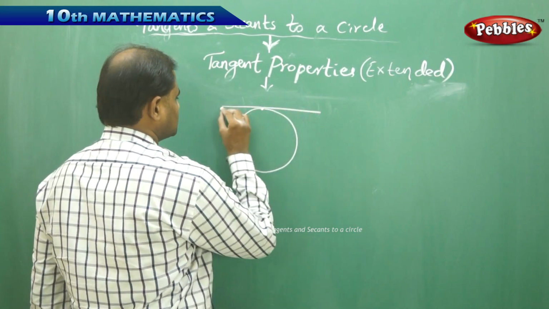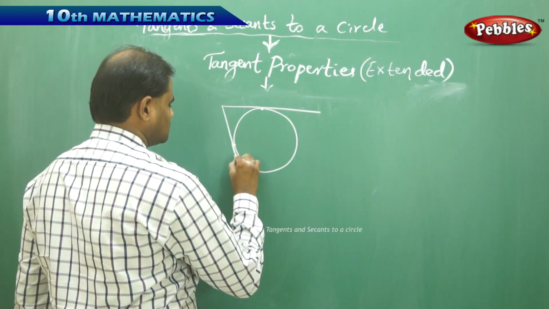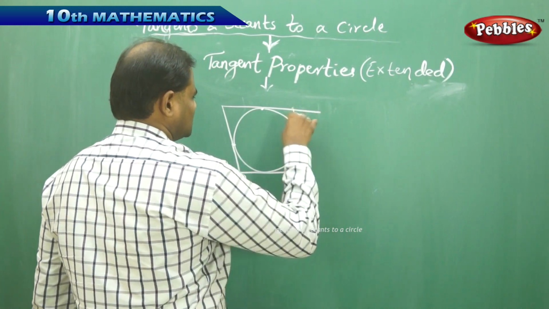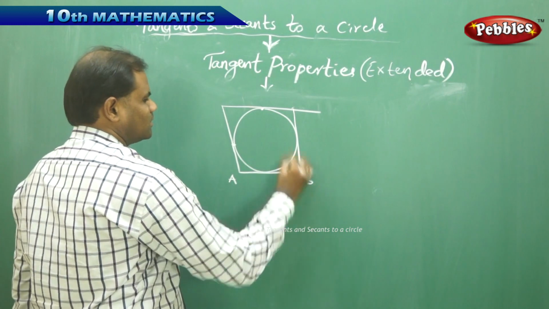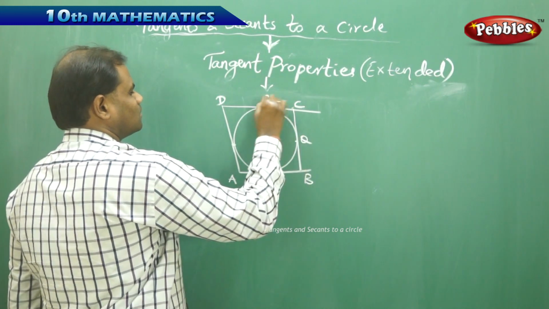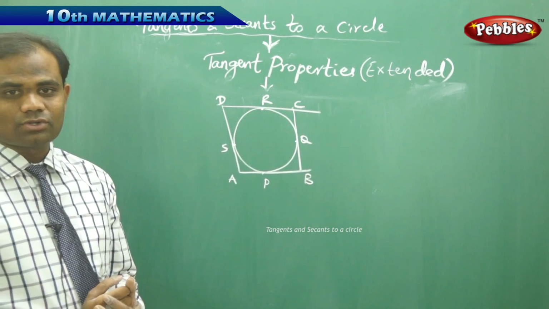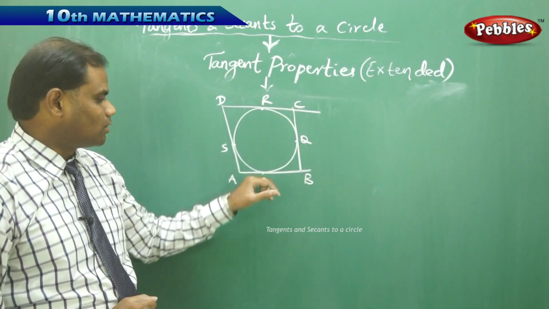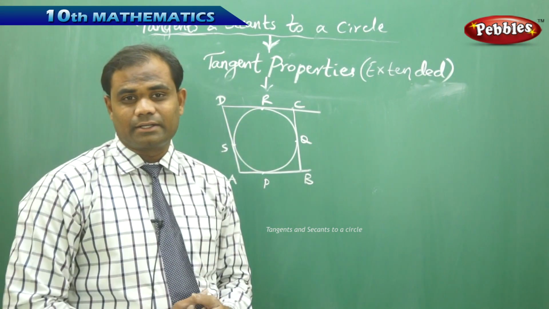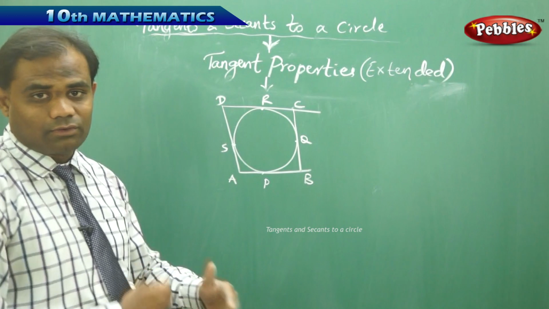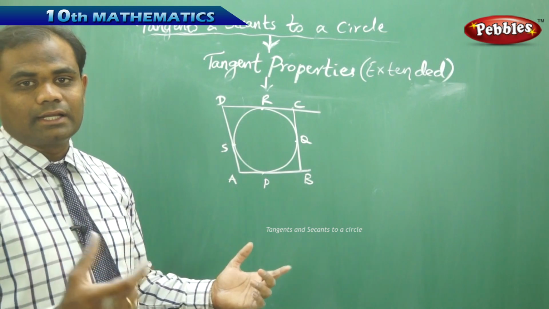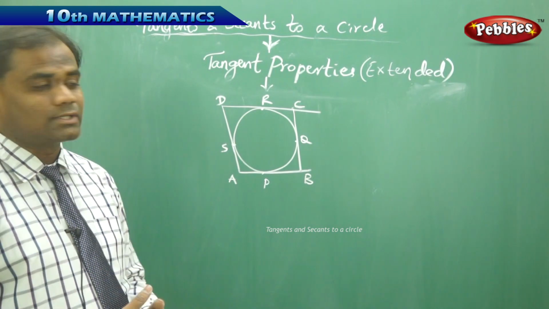When I draw the tangents, I get a quadrilateral ABCD where the points of contact are P, Q, R, S. That is, a quadrilateral obtained by connecting the tangents drawn at P, Q, R, S on the circle, with the circle, of course, inside the quadrilateral, because the tangents are always outside the circle, touching the circle. Therefore, the circle lies inside and the quadrilateral outside.